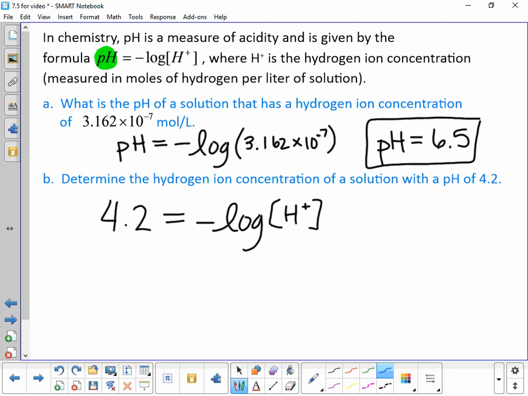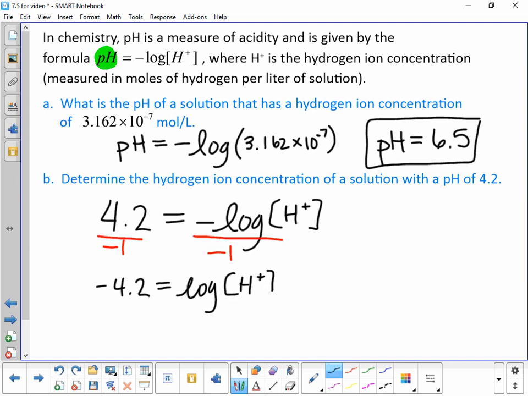So if we solve this equation, we want to get that log in the most simple form. We just want a plain old log. And so right now it's a negative log. We'll divide by -1 in order to make that a little simpler. So negative 4.2 is equal to the log of the hydrogen ion concentration. And now we can rewrite this.